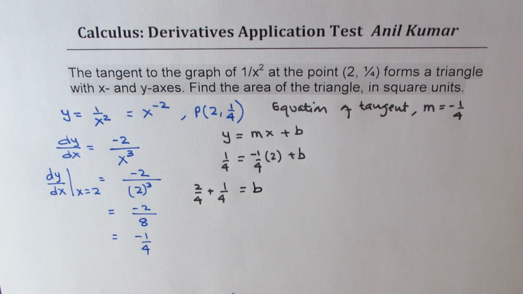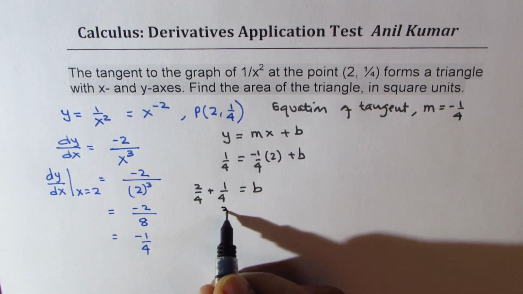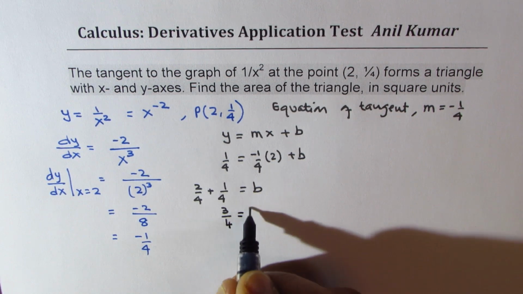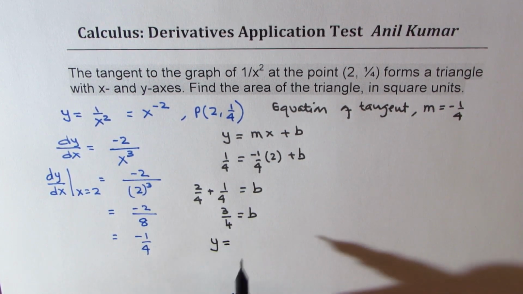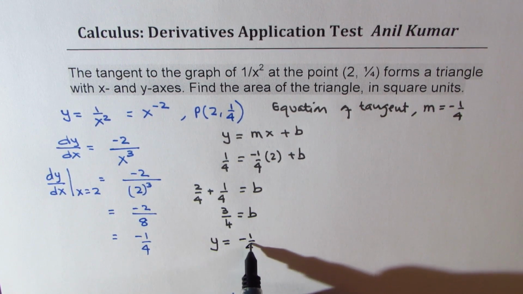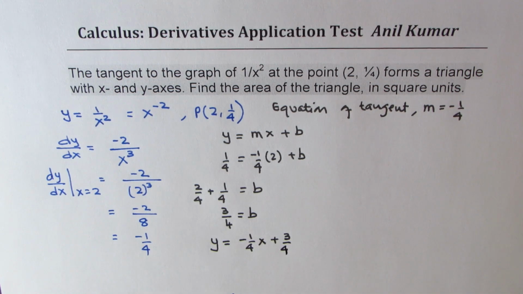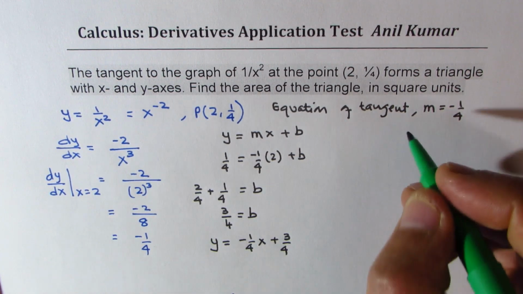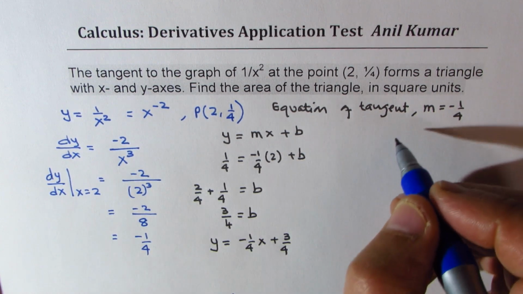So that is the value of b. Adding them, we get 3 over 4 as b. And therefore, the equation of the line is y equals minus 1 over 4 x plus 3 over 4. So that becomes the equation of the tangent line. Correct? So what we see here is that, let's try to sketch it, and then we'll find the area.